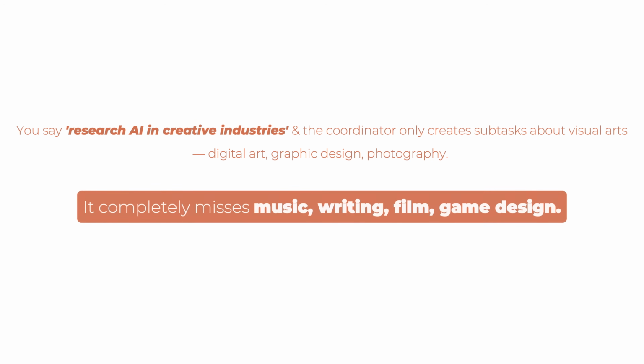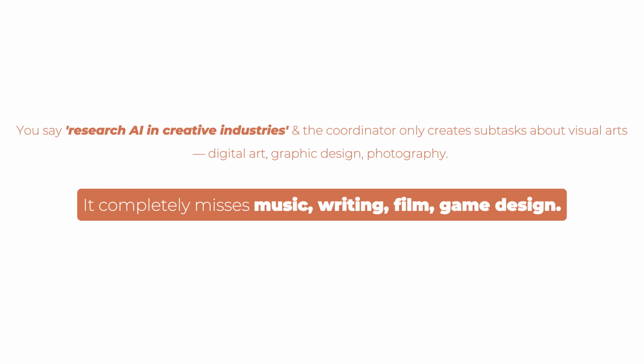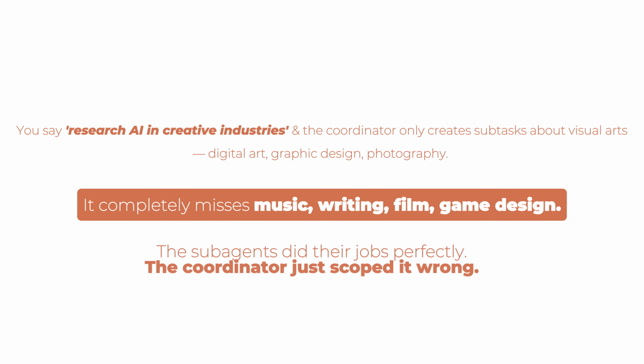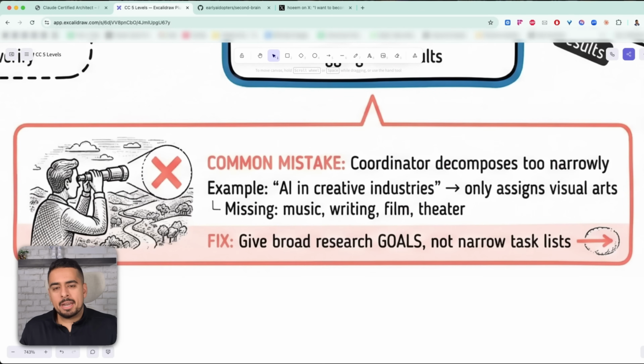But it completely misses music, writing, film, and game design. So the subagents did their job perfectly, but the coordinator just scoped it wrong. It's basically like having a bad manager for a great team. So the fix is to give broad goals, not narrow checklists, to the main coordinator agent. You want to let the subagents figure out how to break down the subtasks based on their narrow goals that are defined by this broader goal.